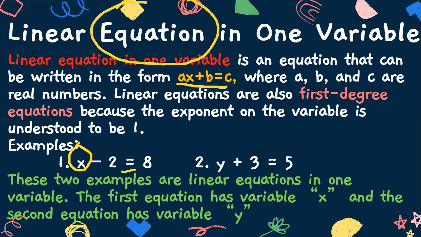So, y is the variable and then equal sign. So that is the sign of the equation. So it means these two examples are linear equations in one variable. The first equation has variable x and the second equation has variable y. So tag-isa lang sila na variable. Yung isa x, yung isa y. So that is linear equation in one variable.